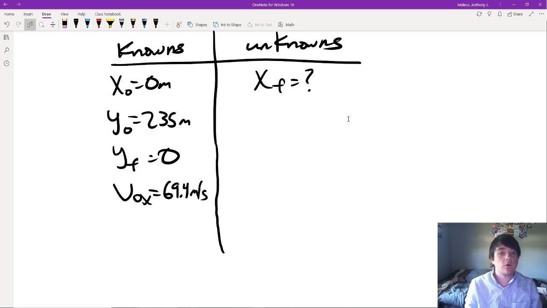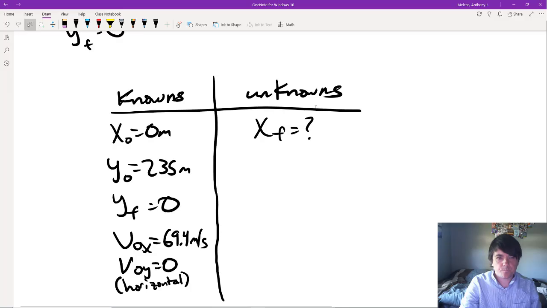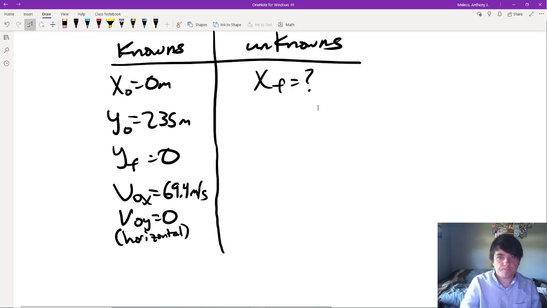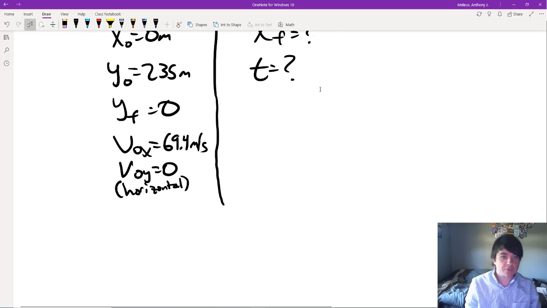We have a 0 for V naught y because it's moving horizontally. And we don't know time, and acceleration.